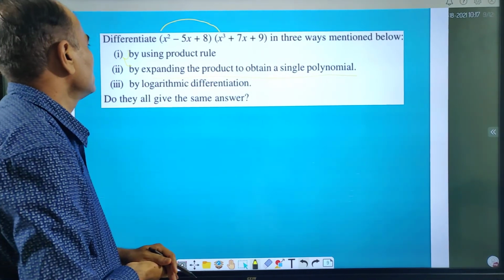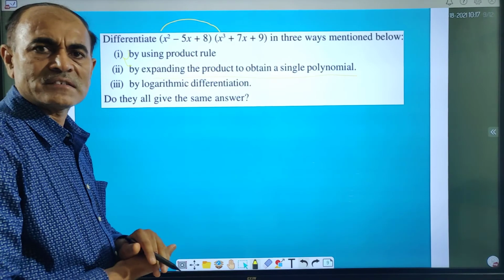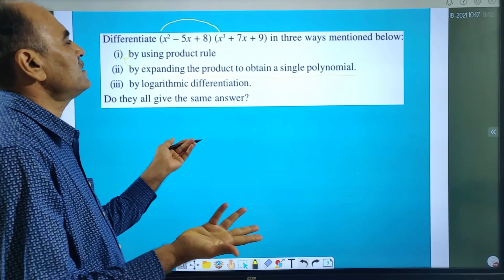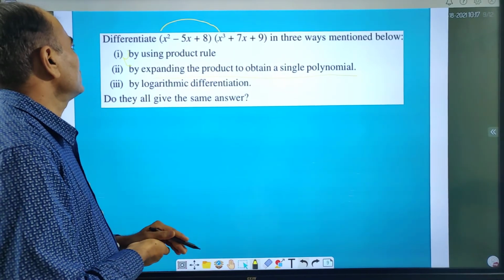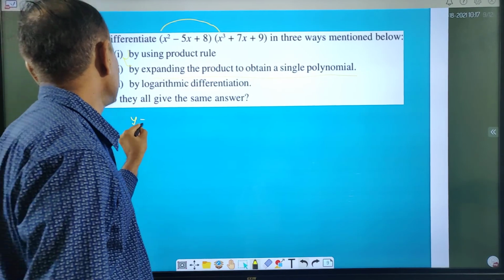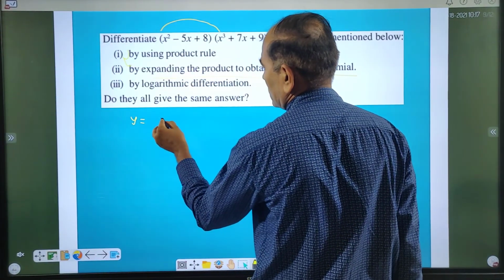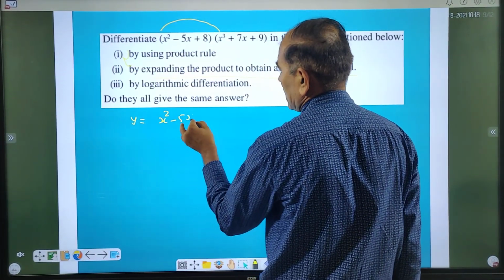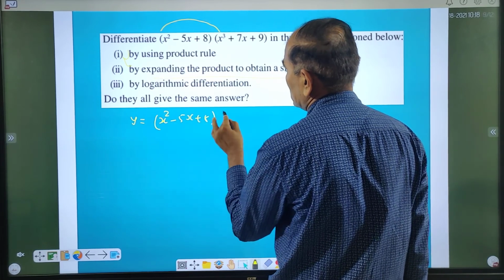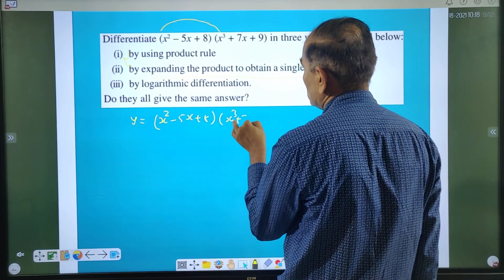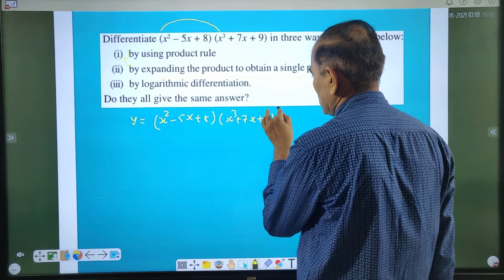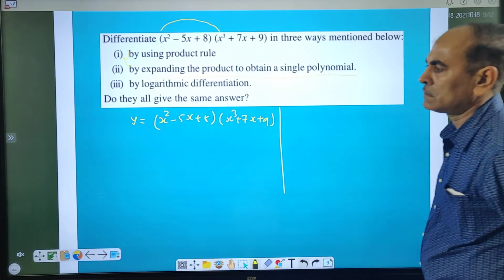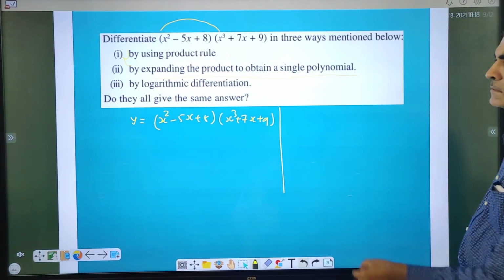And then the logarithmic form is take log on both sides. So first of all, y is equal to (x square minus 5x plus 8)(x cube plus 7x plus 9). Apply the product rule and differentiate it.